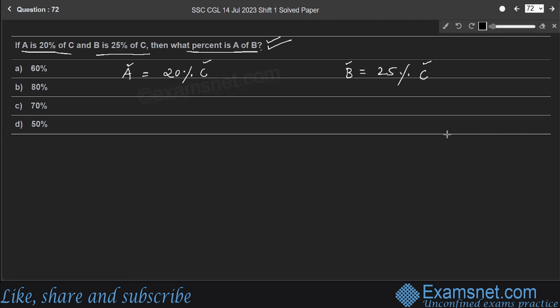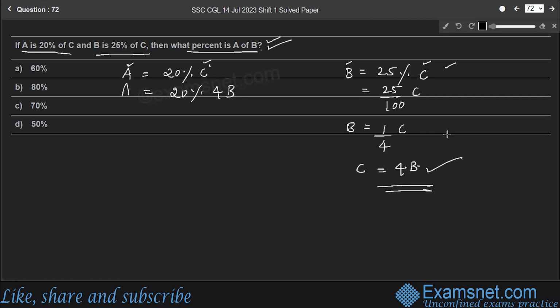So for that, let us consider B. B is equal to 25% of C, means 25 by 100 into C. So B is 1 by 4 C, or we'll express C as 4 times B. Substitute this value of C here. So in place of C, we write 4B.